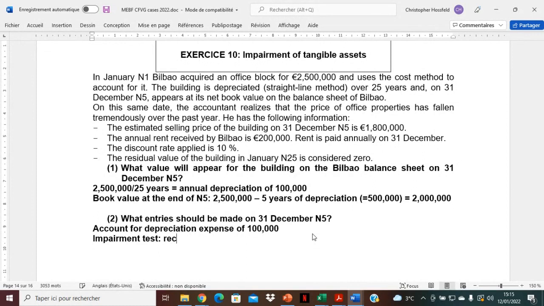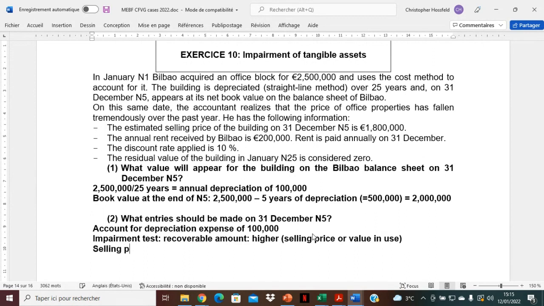And therefore I need to calculate the recoverable amount, which is the higher of either selling price or value in use.